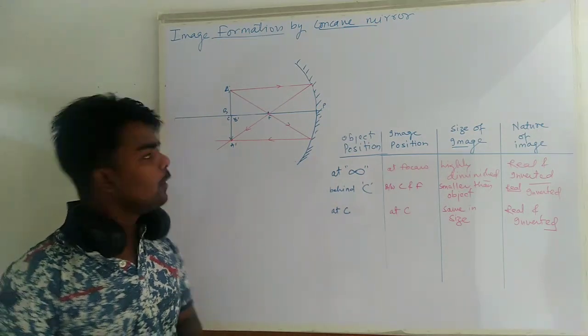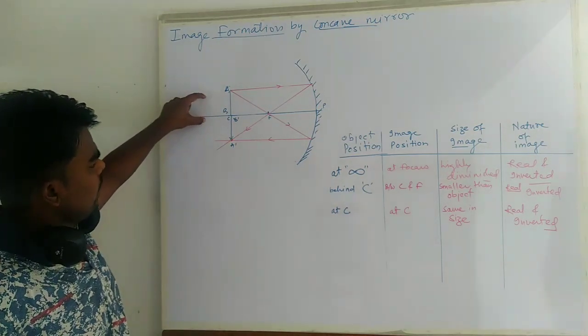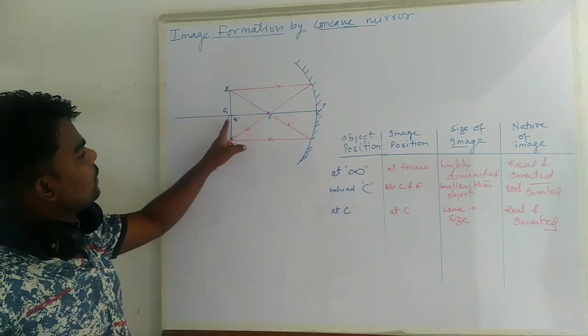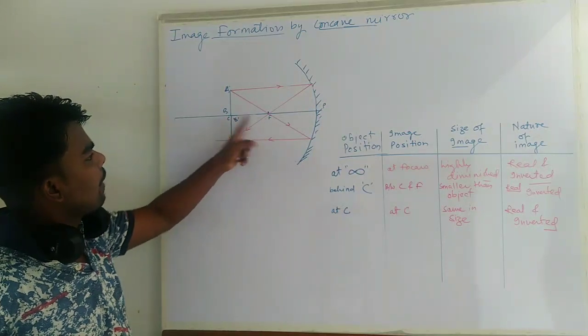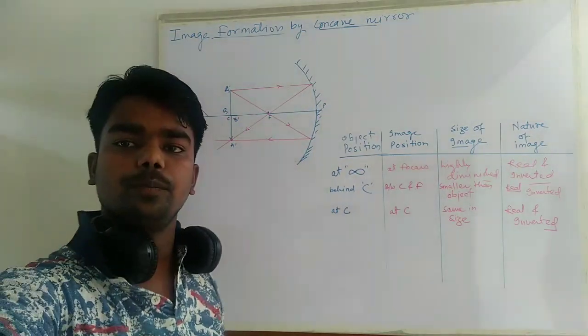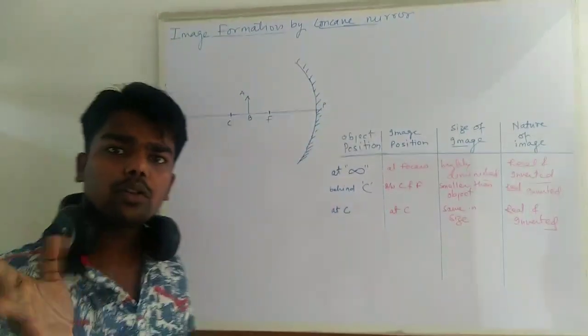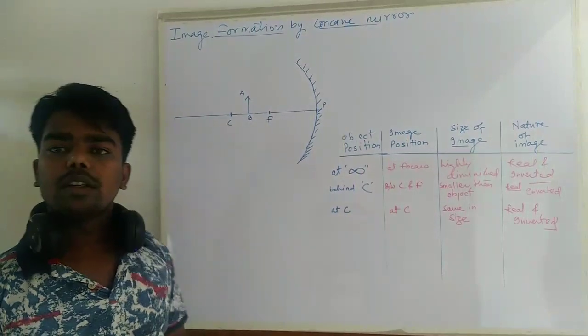Three more are left. So now first it was at infinity, second it was behind C, now at C. Now we will see between C and F. Okay, if the object is kept between C and F, where its image will form.